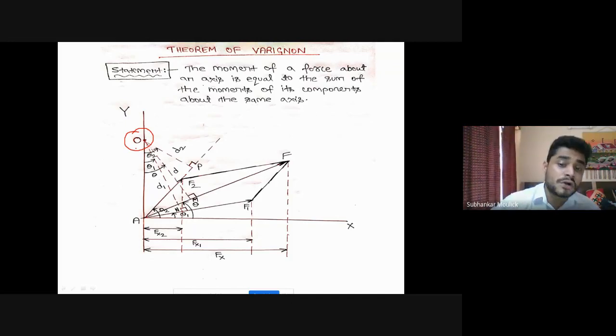So for each of the forces, I have to get the perpendicular distance from point O. Is it clear?